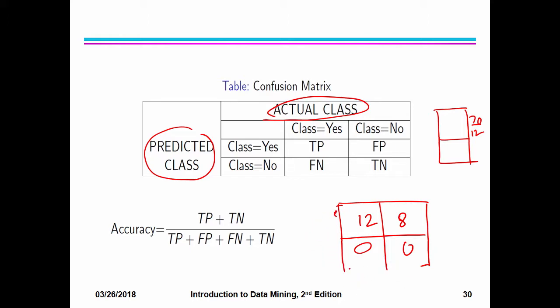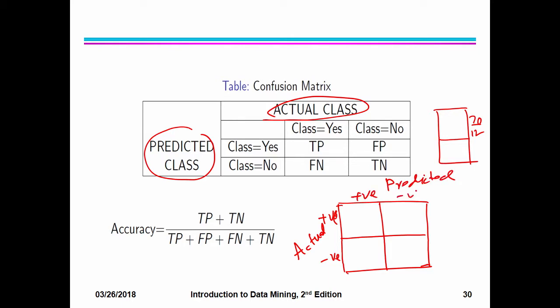So, let us say this is actual positive, actual negative, and this is predicted. This is positive class and this is negative class. Now it is just the reverse of earlier; we just changed it.